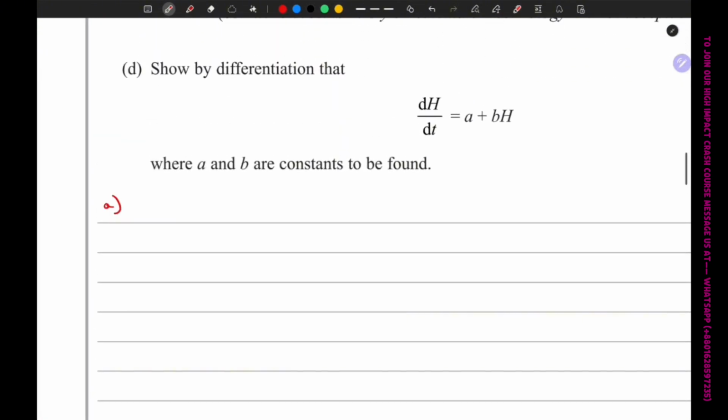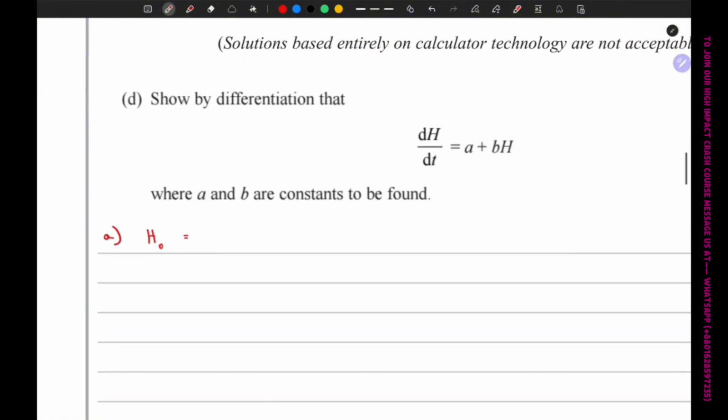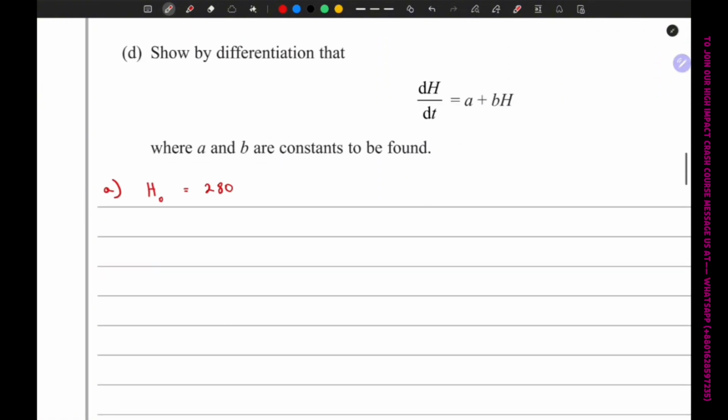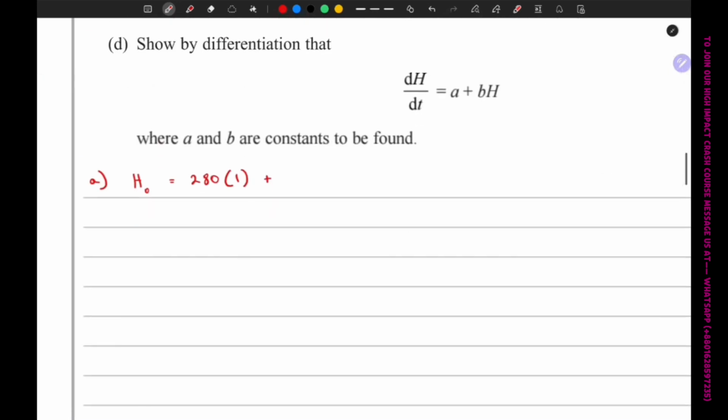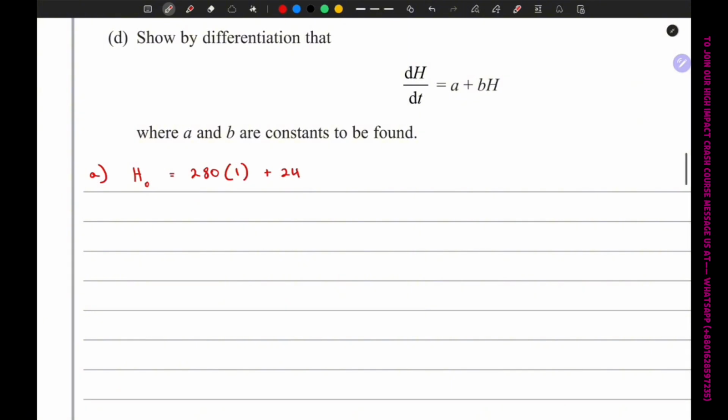So if I substitute T equals 0 into the equation, we will get the initial temperature, which is H naught, that is 280 e to the power 0, and e to the power anything to the power 0 is 1. So this becomes 1 plus 24. So the temperature is 304 degrees Celsius.